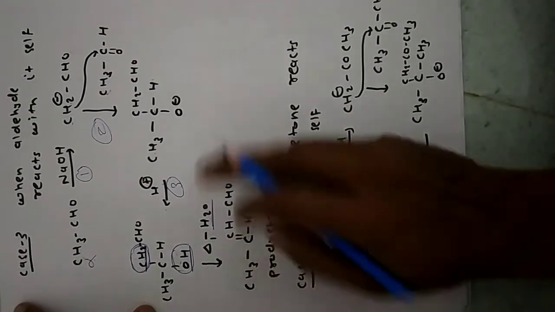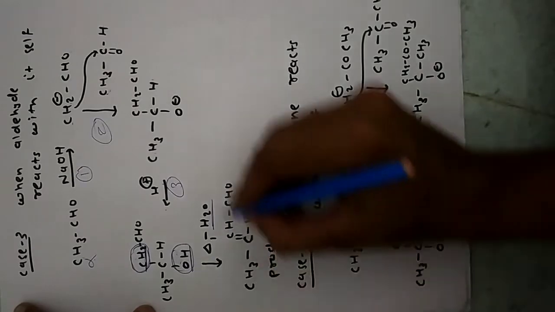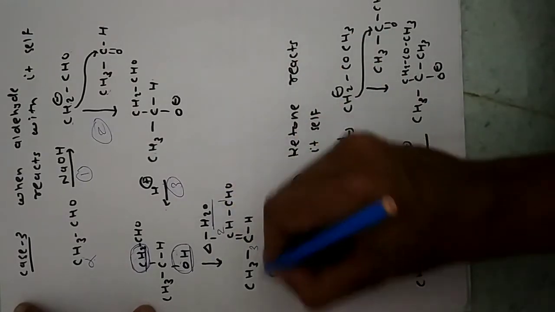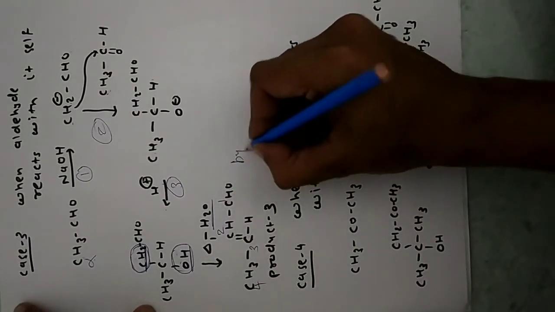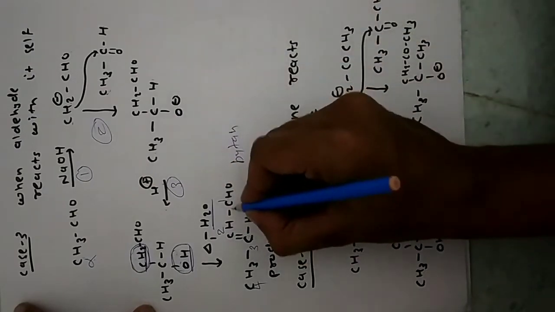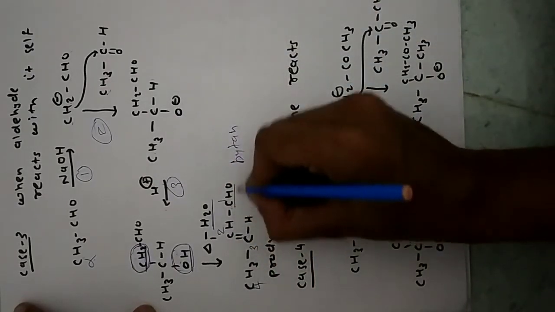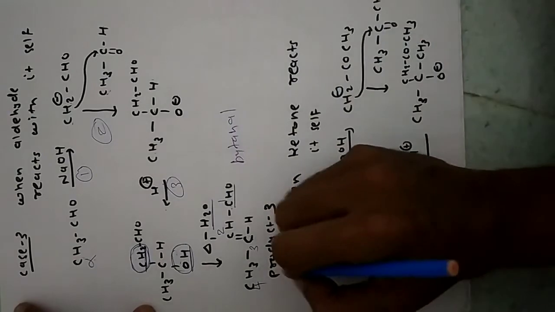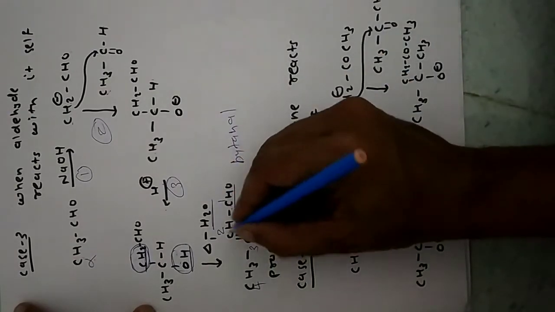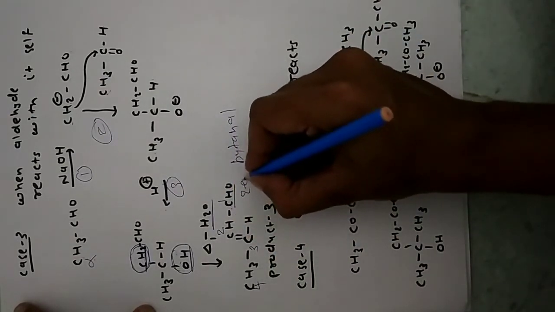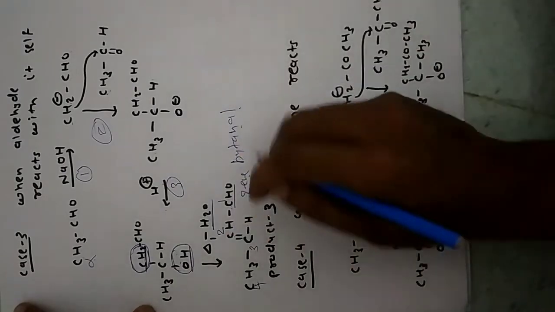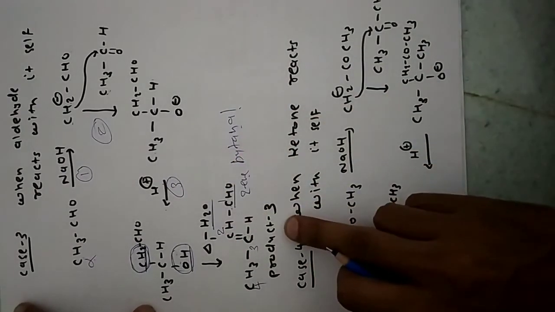This one is our product third. What is the IUPAC name now? 1, 2, 3, 4. 4 carbon means butane. On first number carbon we have aldehyde group, so butanal I am writing here. On second number carbon we have double bond, so 2-ene butanal. That is our product third.